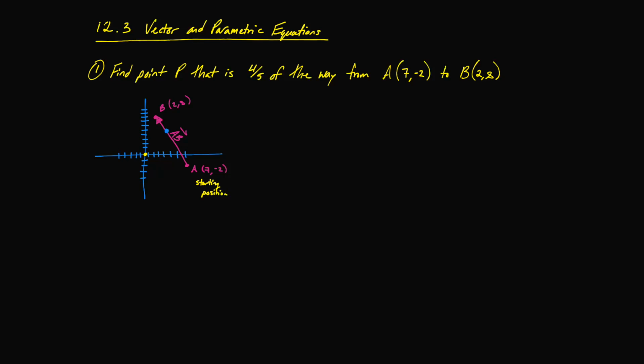Let's see, can I draw a runner on here? My art skills are really coming in handy now. Alright, runner's about to go. You have to get from the origin to this starting position, so we call this vector OA.